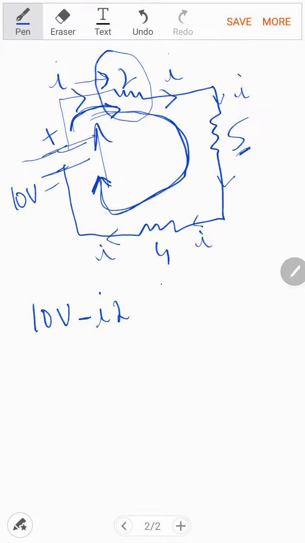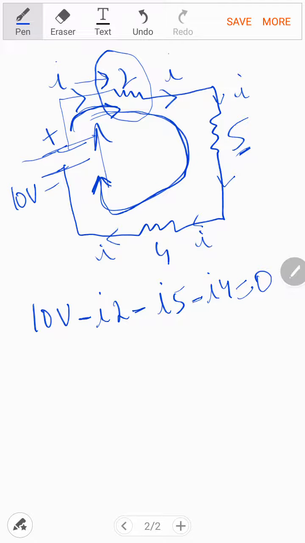And again at the 5 ohm resistor, we are moving in the same direction as the current, and there will again be a negative sign, I times the resistance, that is the voltage drop there. And again we are moving in the same direction at the 4 ohm resistor, so again it will be minus I times 4, and this net voltage will be equal to 0 as per Kirchhoff's voltage law.